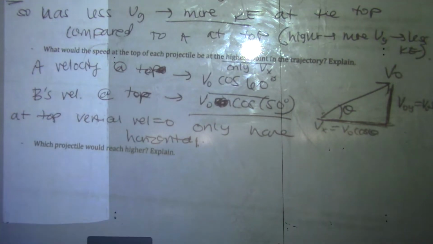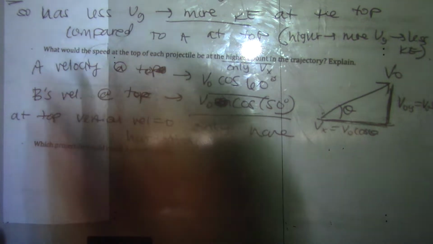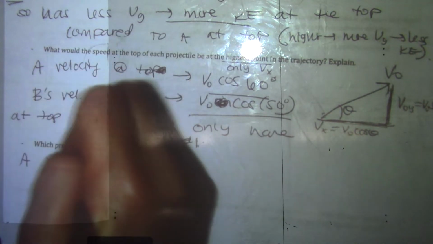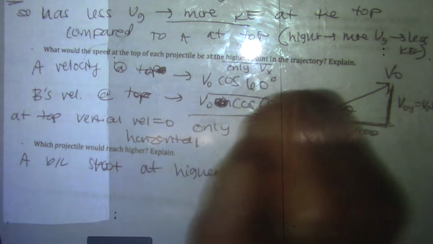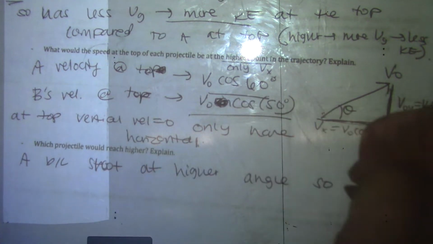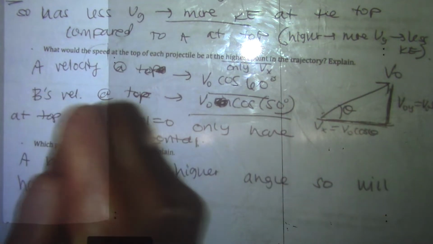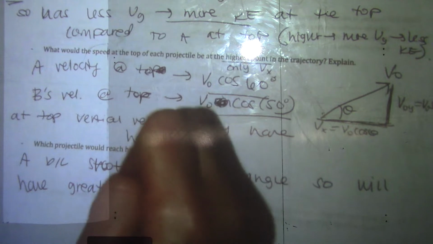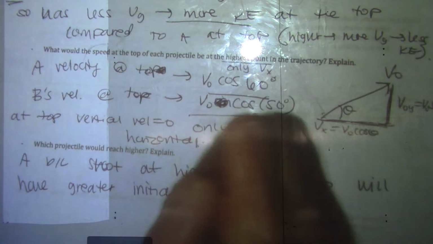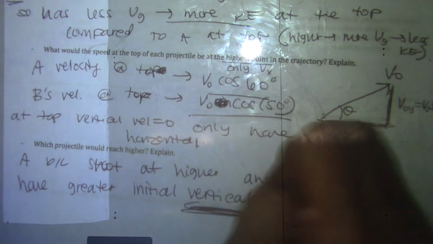Which projectile reaches higher? So the one that reaches higher is A because it's shot at a higher angle. So we'll have a greater initial vertical velocity, right?